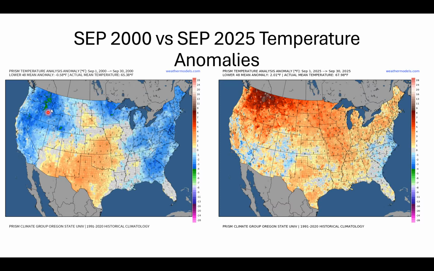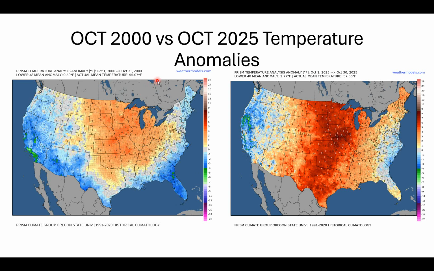We did not see that in September of 2000 here on the left. We also saw above normal air temperatures across the upper Midwest, the northern plains. We did see slightly below normal temperatures from coastal Virginia, eastern Virginia southward into the Carolinas. Much more widespread below normal temperature anomalies from Maine to Georgia in September of 2000.